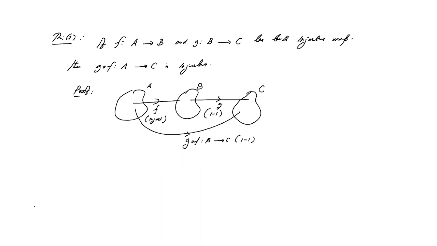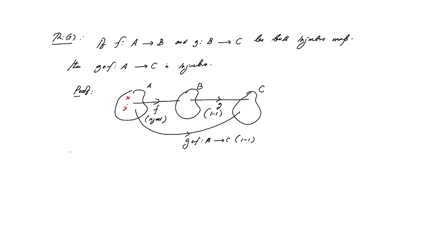We take two elements in A, and if the images are the same, then the elements are the same; in that way you can prove injectiveness.